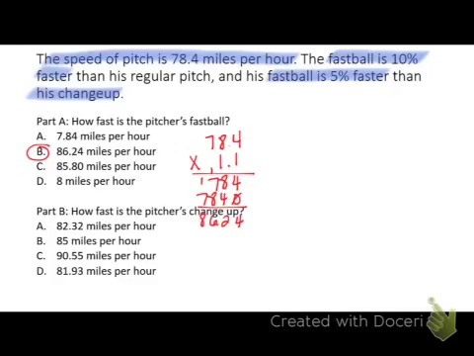So we're taking that 86.24 and we're multiplying it by 95% because the fastball is 5% faster than the changeup. And when you multiply those numbers, you come up with 81.928, which means that the changeup is 81.93 miles per hour.